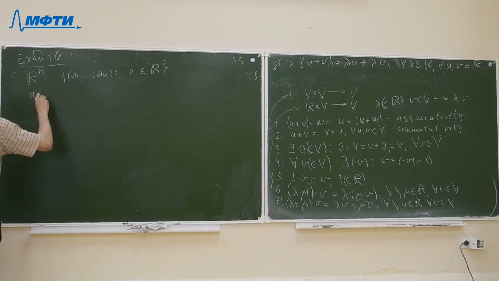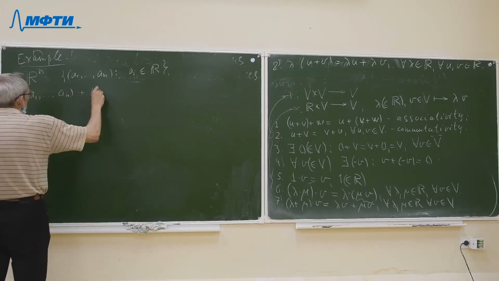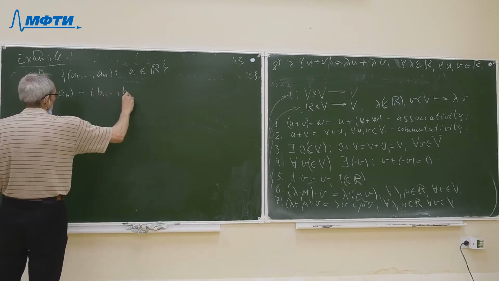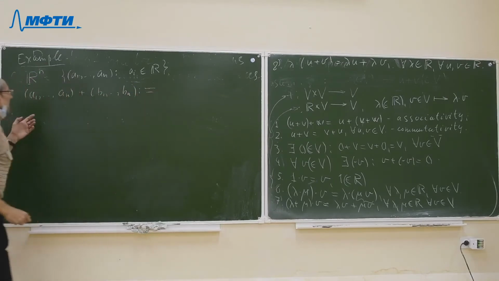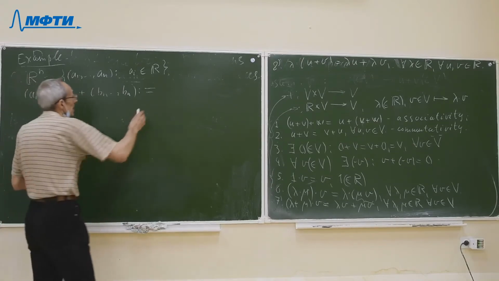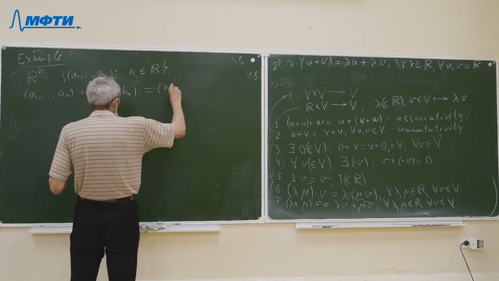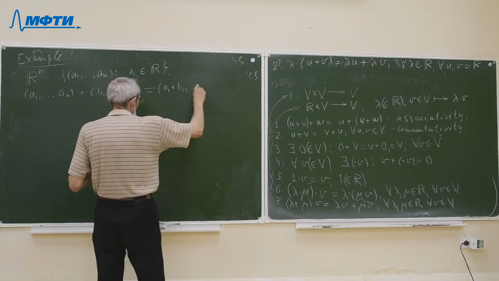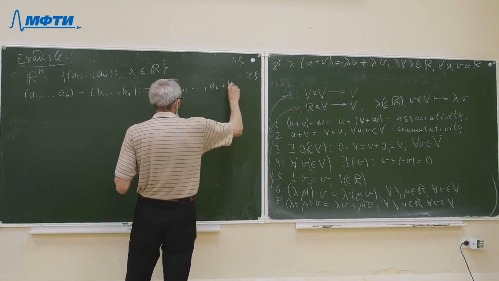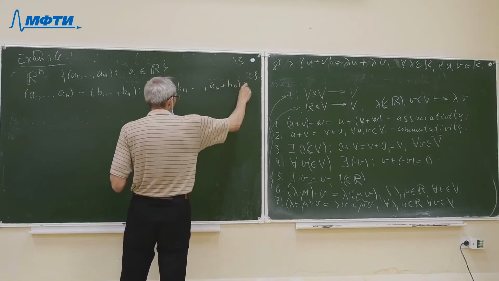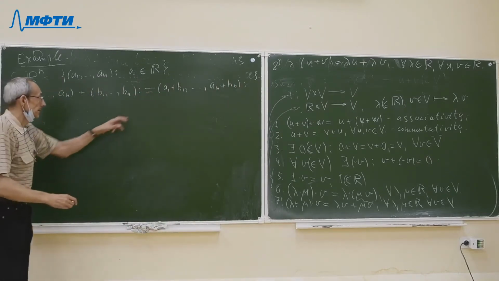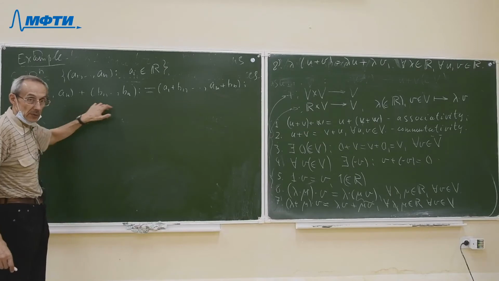If we have two n-tuples of real numbers, elements of this set, the sum is defined as an n-tuple of the corresponding sums: a1 plus b1, and so on, an plus bn. This is the definition of the sum of the n-tuples.